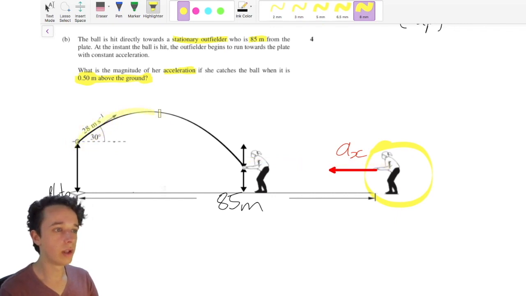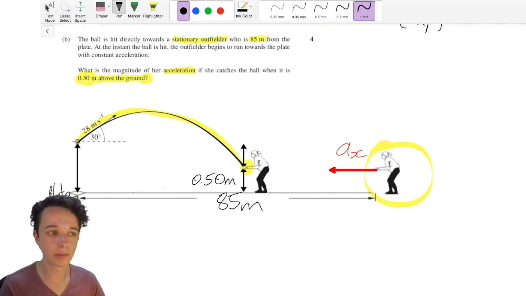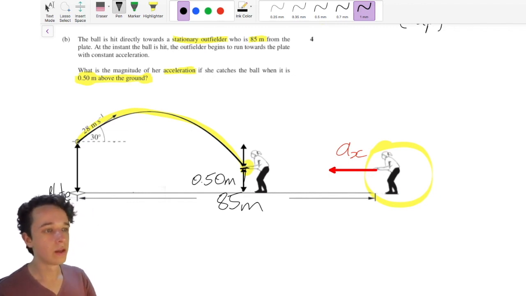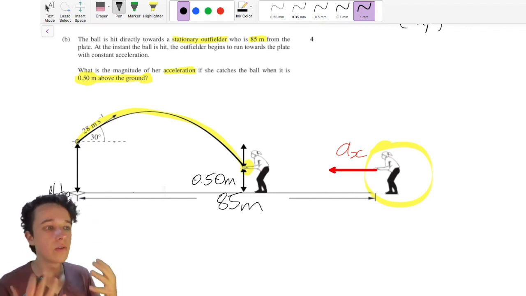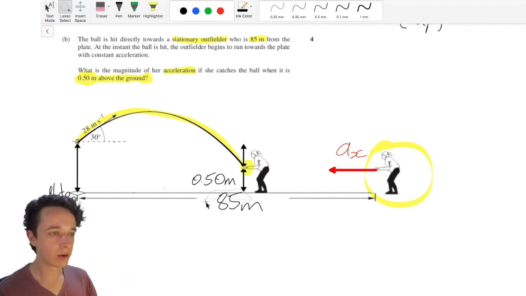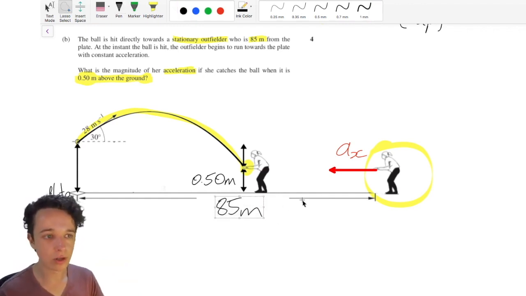And when the ball reaches this position here, which is 0.50 meters above the ground, this distance here, she catches it at that position. So given all this information, what is the constant acceleration of the outfielder?